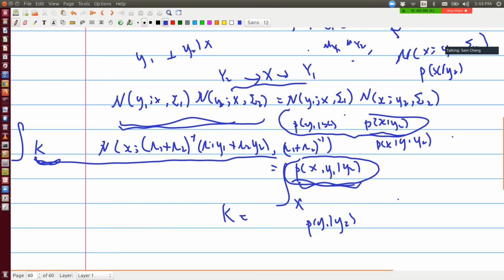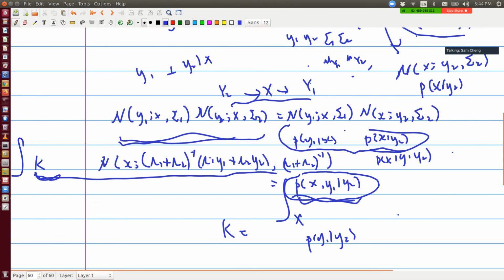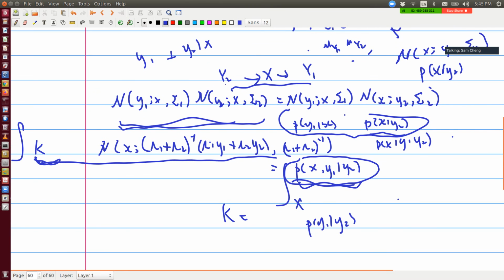But under this setup, what is p of y1 given y2? Here, x is a Gaussian random variable with mean y2 and some variance, and then y1 is a Gaussian variable with mean x and some variance sigma 1. So what is y1 given y2?